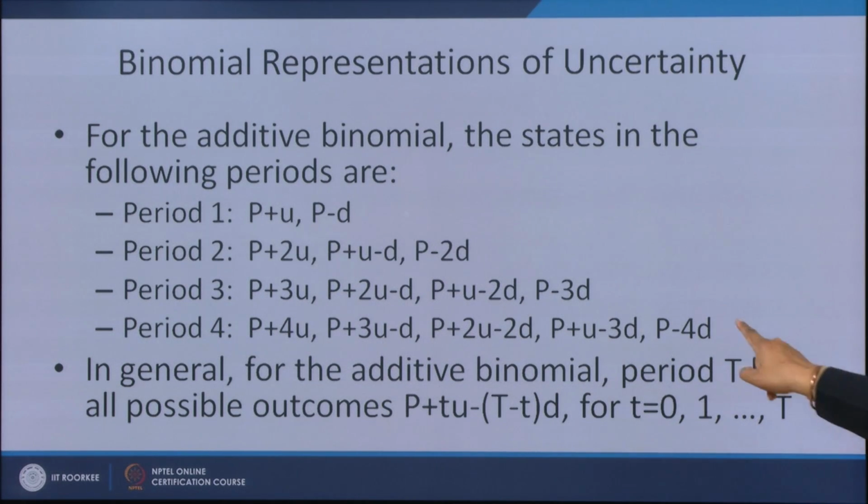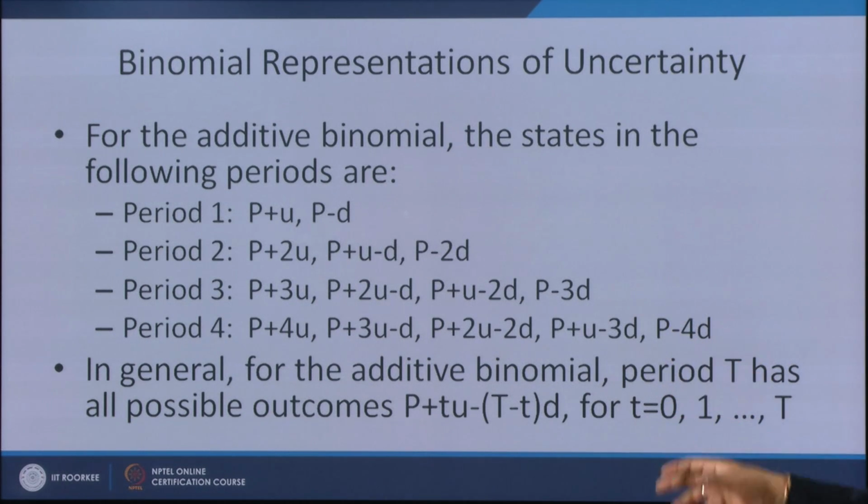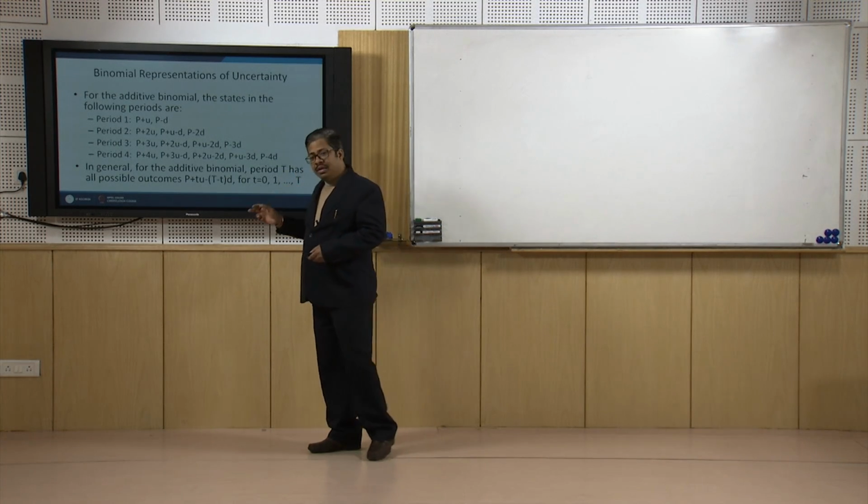This nd factor may be much more than p, and there can be a chance of negative price, which is not possible. So in reality, most of the time we will take multiplicative uncertainties into consideration.